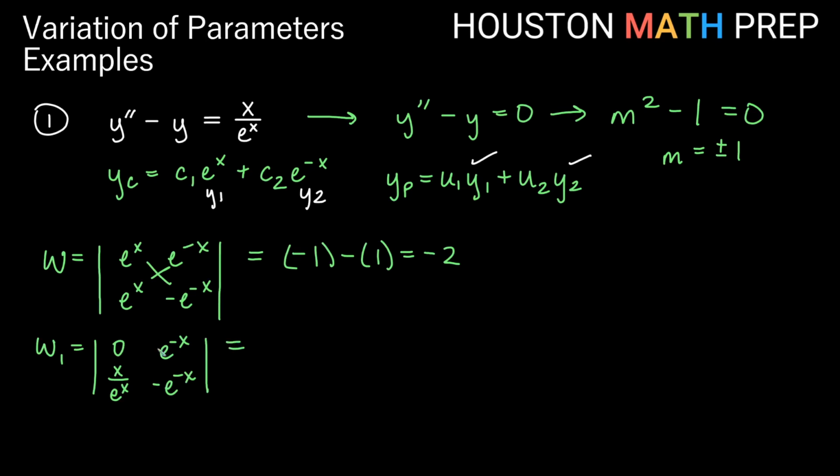We go ahead and multiply the diagonals. 0 times this exponential down here would be 0, minus what we get when we multiply here. This e to the negative x would put another e to the x on the bottom there, so we would actually get x over e to the 2x. We might prefer to go ahead and call this negative x e to the negative 2x, possibly.